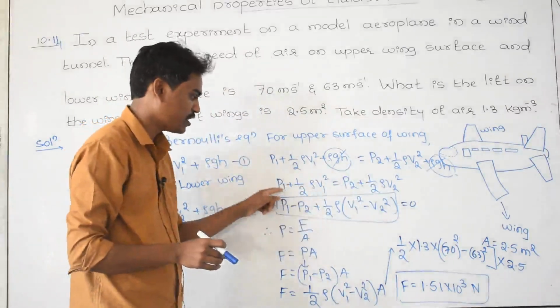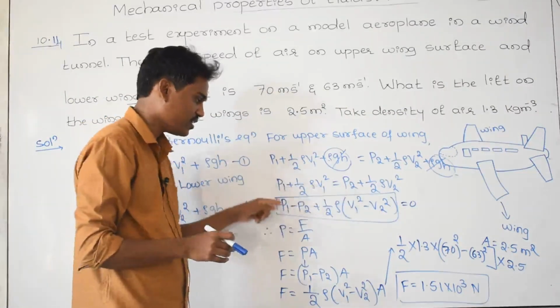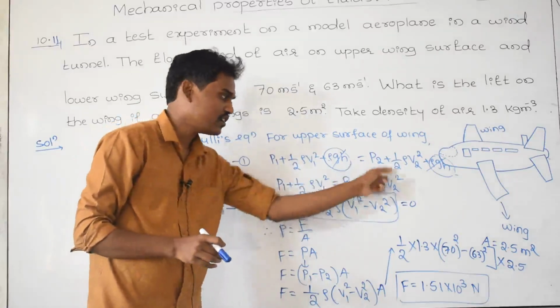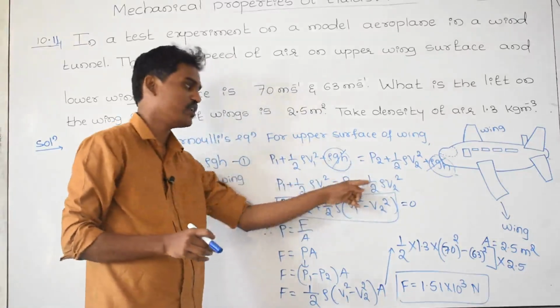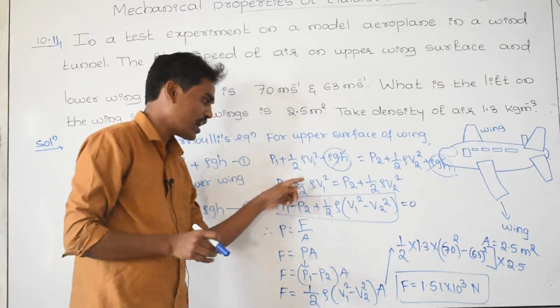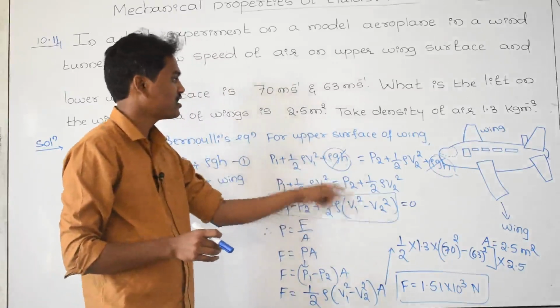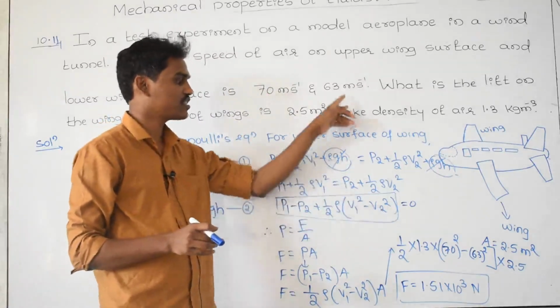For P1 minus P2, P1 as it is, take the other terms this side, and 1 by 2 rho is common, V1 square minus V2 square.